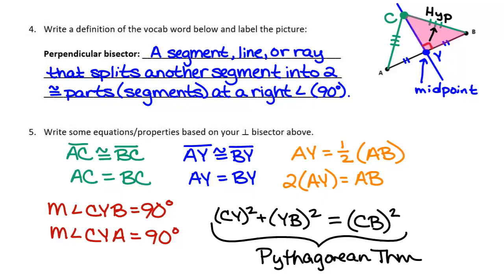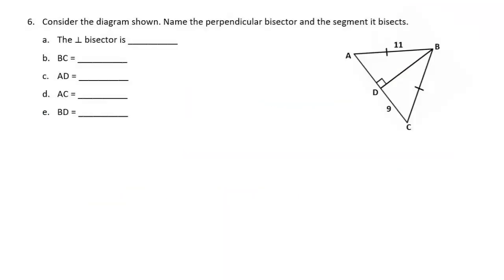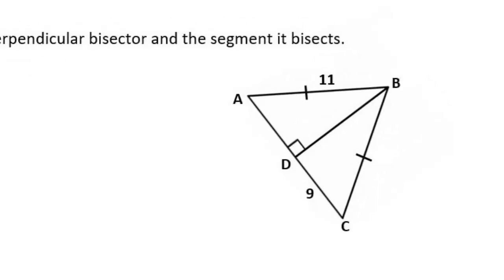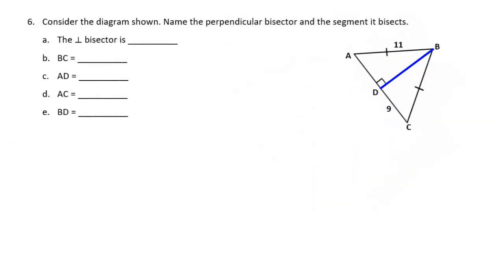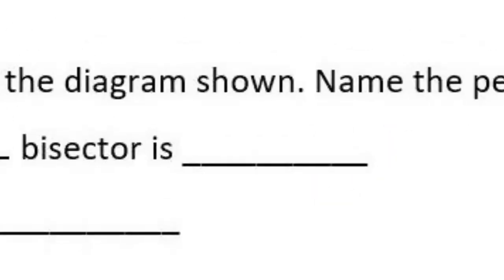So let's look at the picture here in number 6. Name the perpendicular bisector and the segment it bisects. So which segment is the perpendicular bisector here? Which one is the one doing the cutting? BD. So BD is the perpendicular bisector.